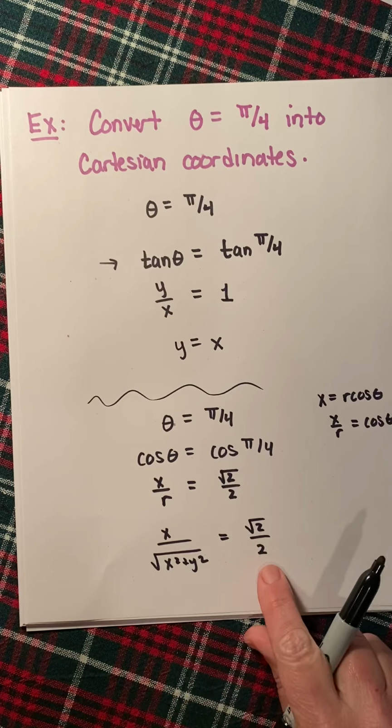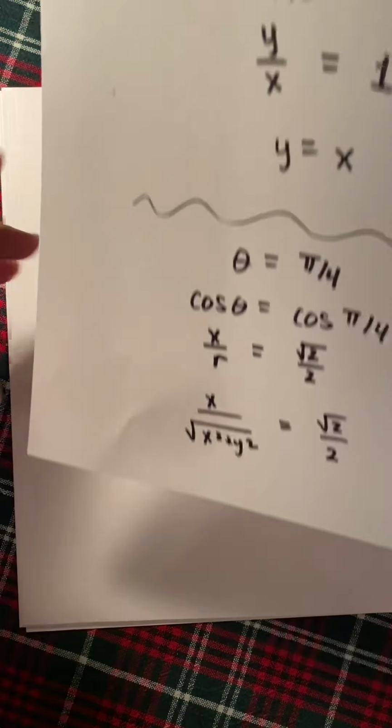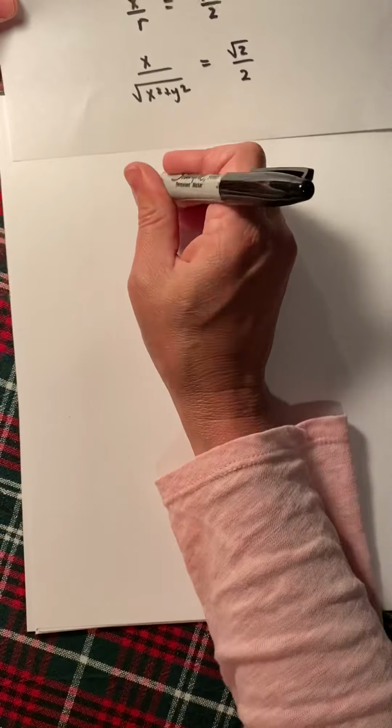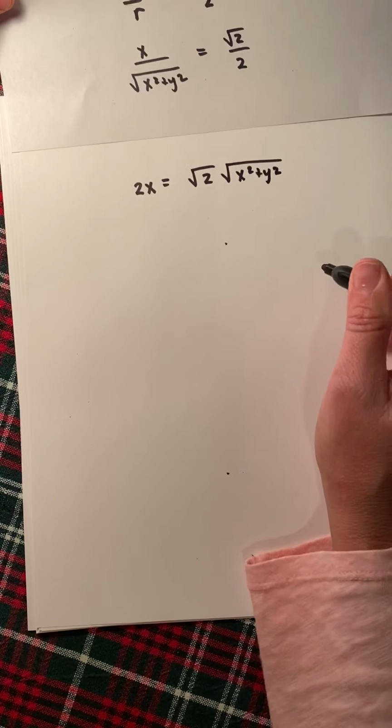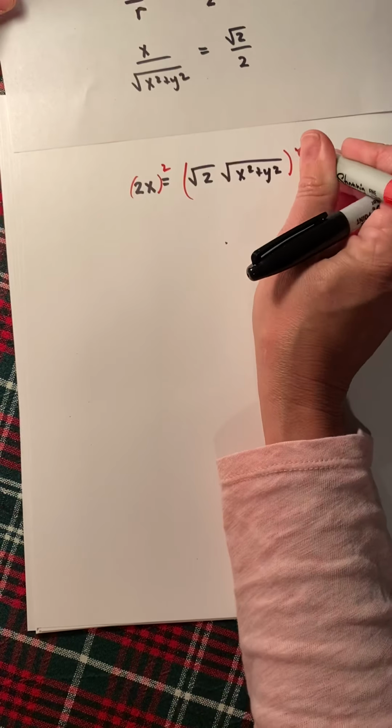You might be saying, how can we ever get this from this? Well, let's just keep going. Let's eliminate the fractions. I'm going to cross multiply, and I get 2x is equal to the square root of 2 times the square root of x squared plus y squared. And then I'm going to square both sides. Right?